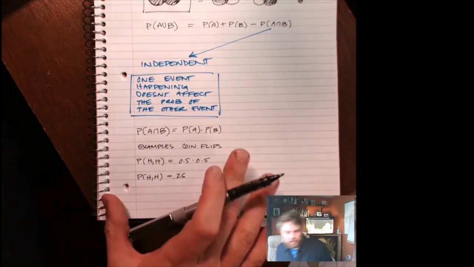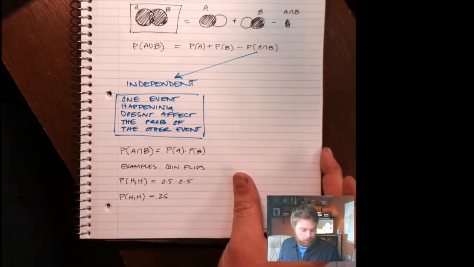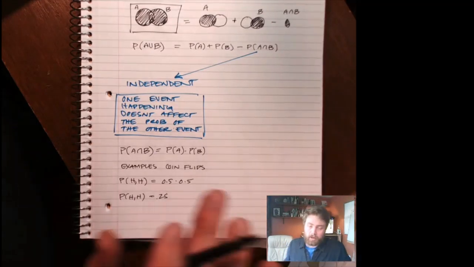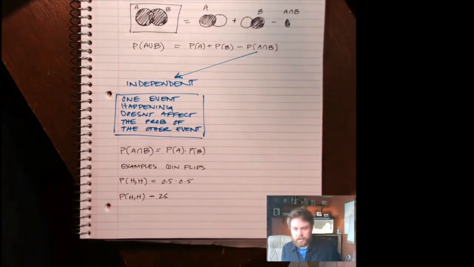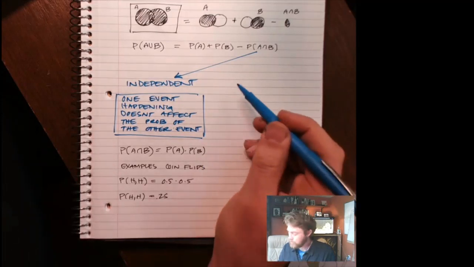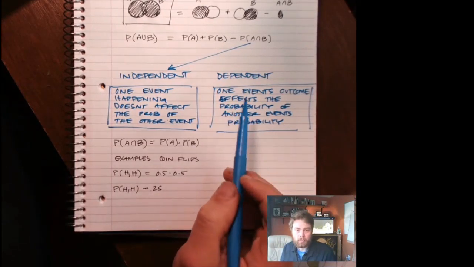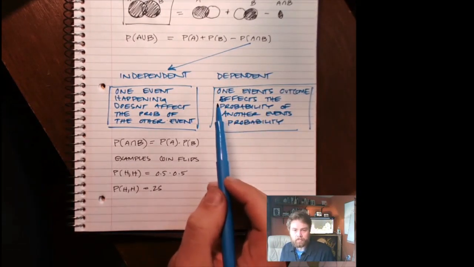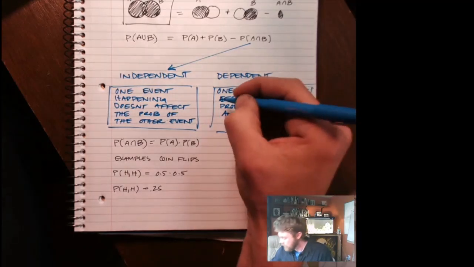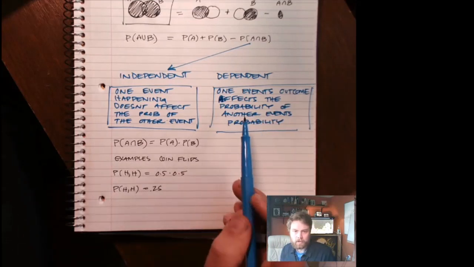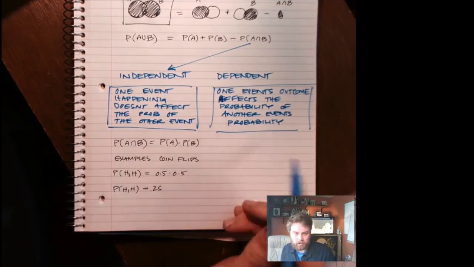Now, oftentimes things do influence each other. If the probability of rain is high, then the probability that I'm going to bring an umbrella or dress appropriately changes. Most things that humans do seem to be very dependent on other probabilities. And so we have a dependent category also. One event's outcome affects the probability of another event.